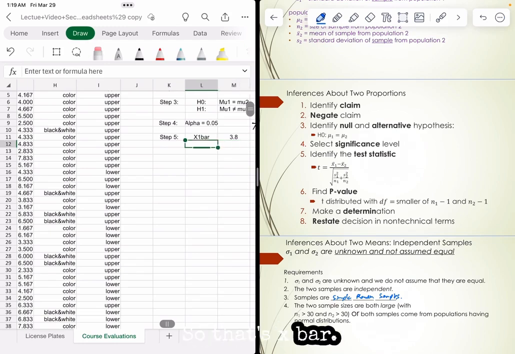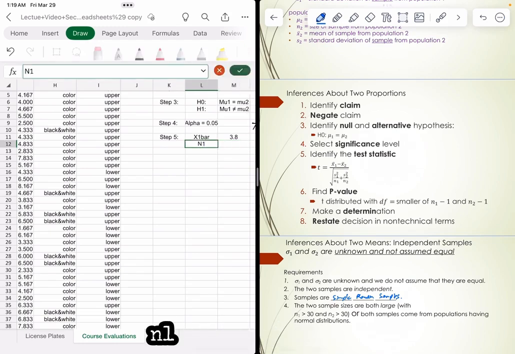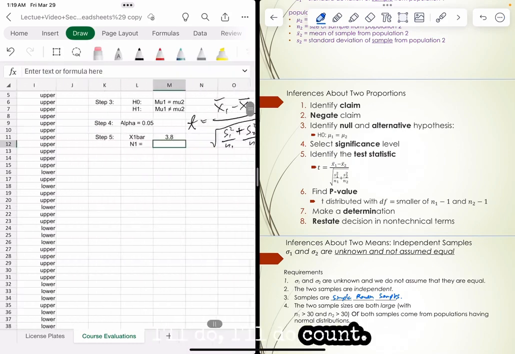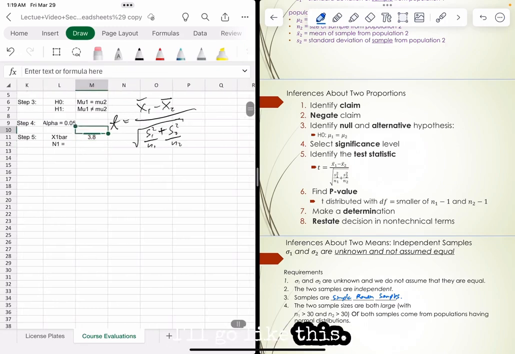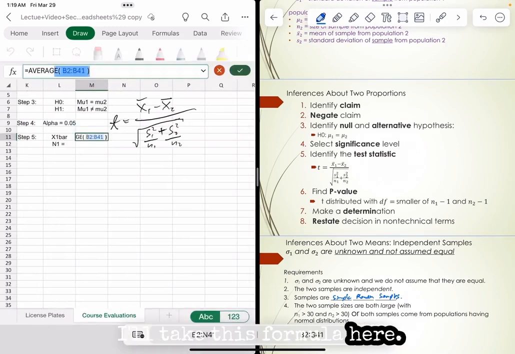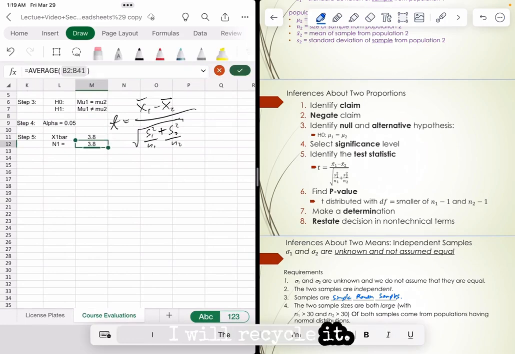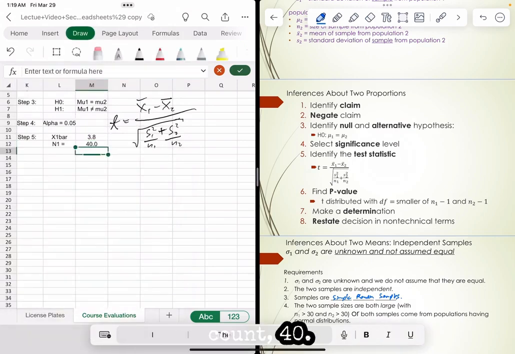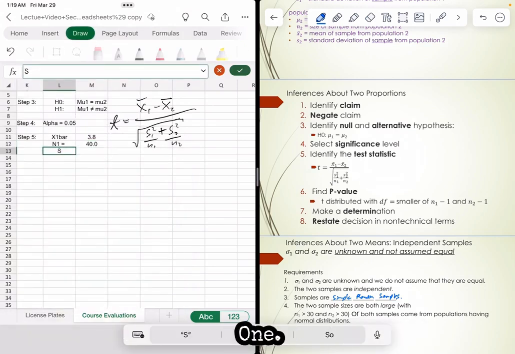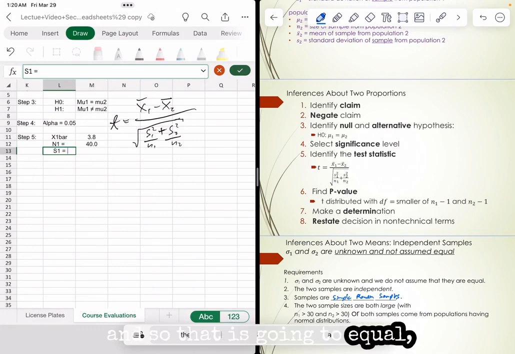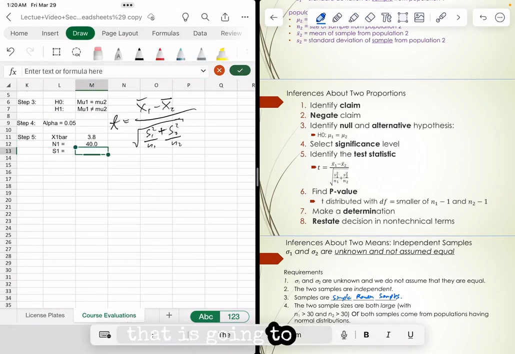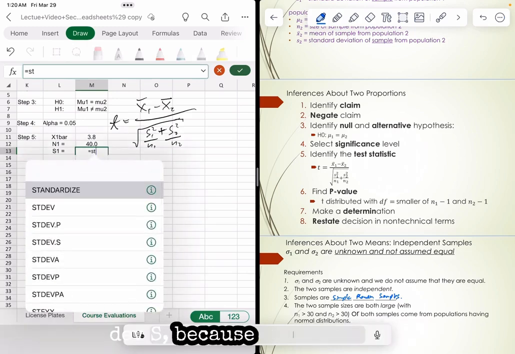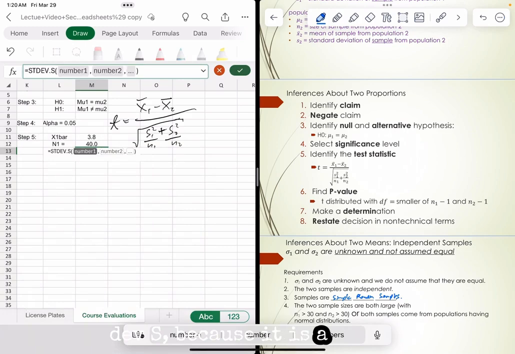So that's x bar. N1 equals, what is N1? I'll do count. I'll take this formula here and recycle it, Command V, but rather than average, count. That gives 40. Great. S1 is going to equal STDEV.S, because it is a sample.